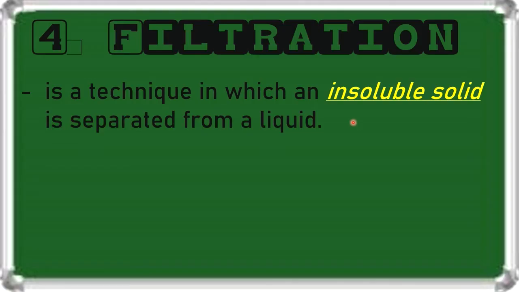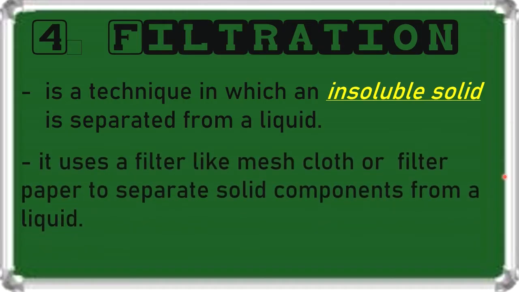So, ang soil is insoluble in water. So, pwede natin gamitan ng method or technique na tinatawag nating filtration. So, it uses a filter like mesh cloth or filter paper to separate solid components from a liquid. So, gumagamit tayo ng tinatawag na filter or salaan like mesh cloth or filter paper.